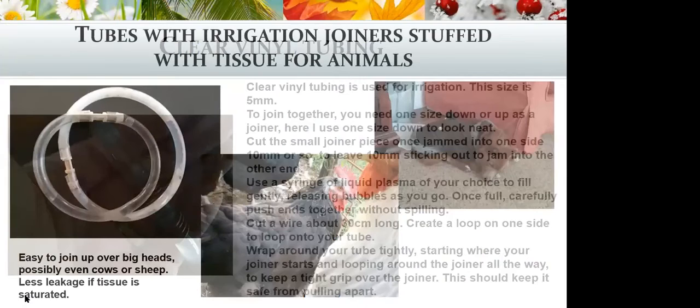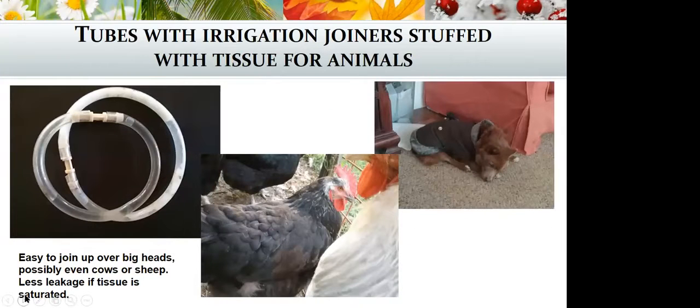So another suggestion that I've used quite a lot on all my animals is I've created tubes with irrigation joiners because these can come apart and be closed again to get over animals' heads and to make sure it can fit snugly.